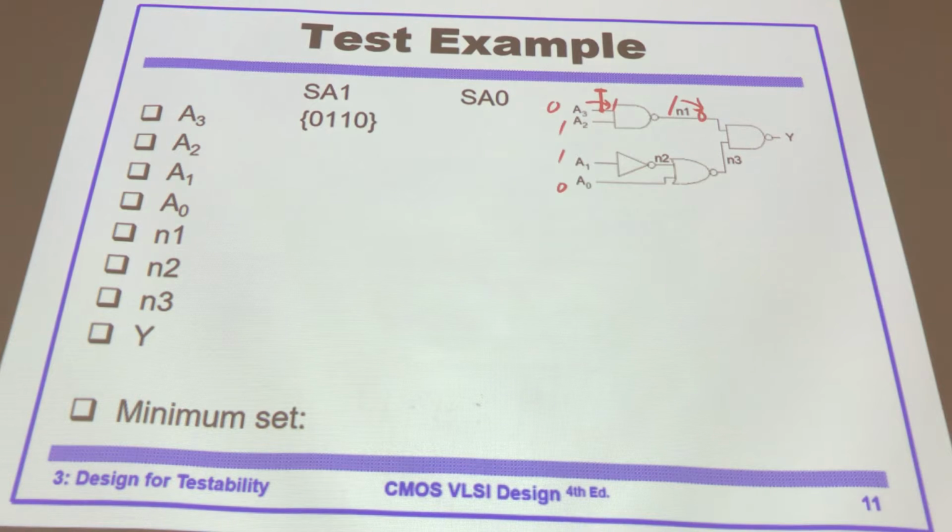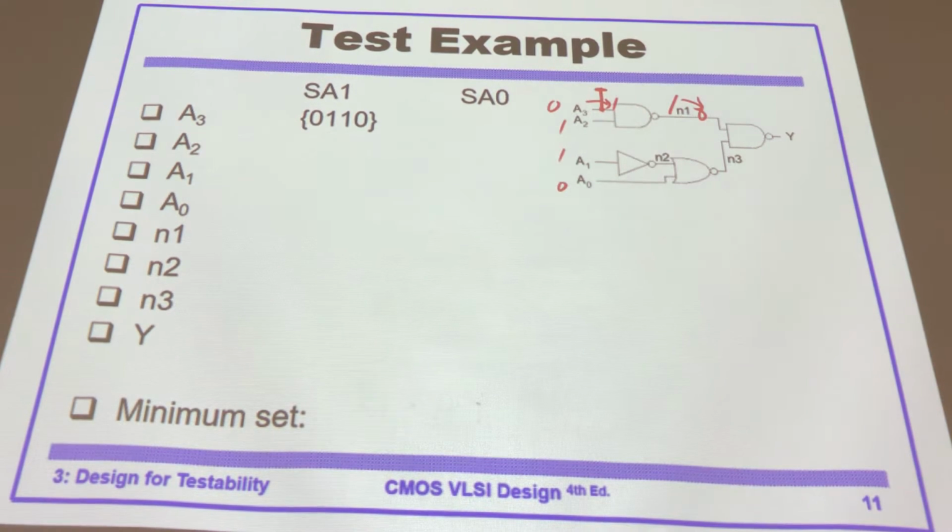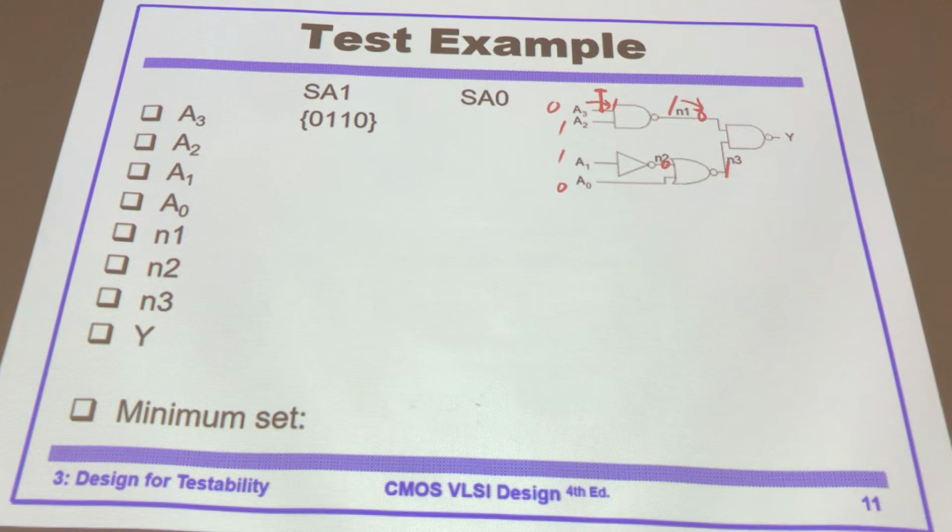The correct original value should be 1, but if you have a stuck-at 1 fault here, you're going to get 0. And then at the bottom, you get 0 here, then you get 1 here. So what will be the value of y, for original and for actual, if there is such a fault here?